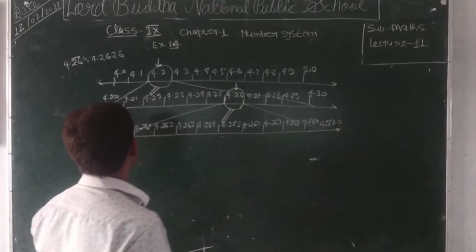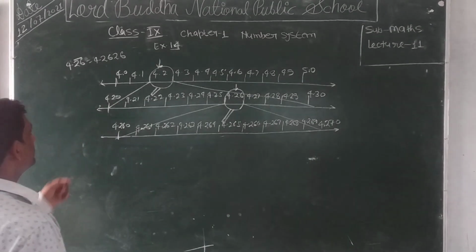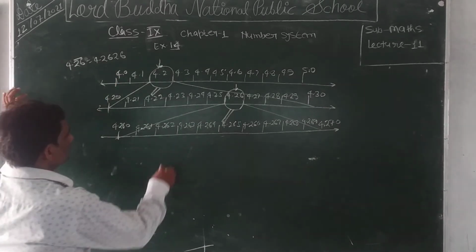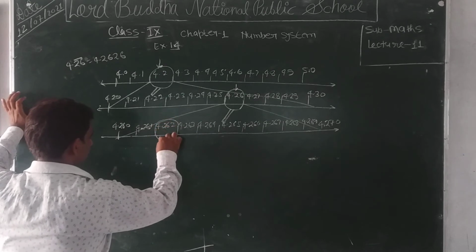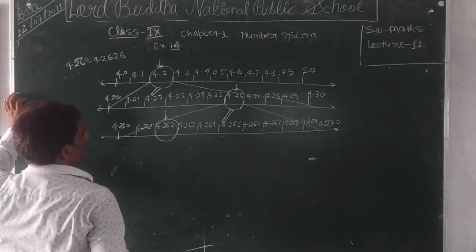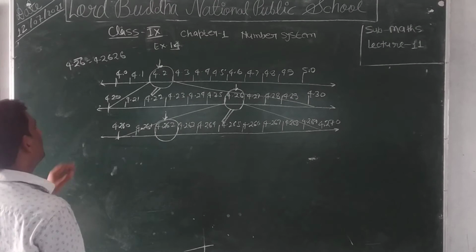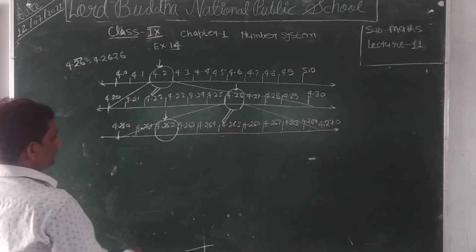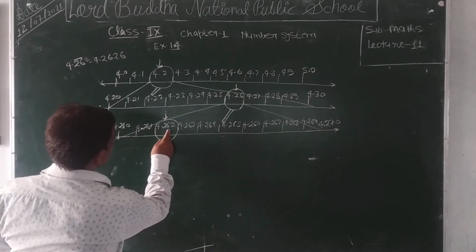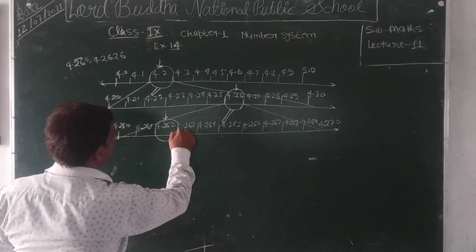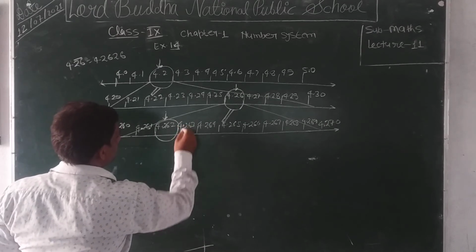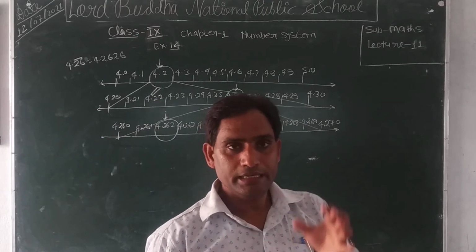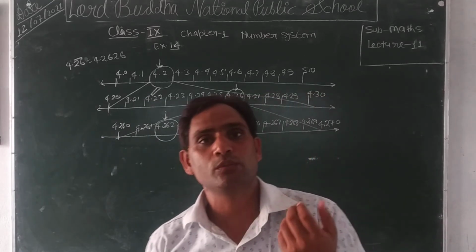Clear? Now, we visualize 4.262 here. So our number 4.2626 will lie between 4.262 and 4.263. Clear? Hence, we again magnify it and imagine dividing it into 10 equal parts.